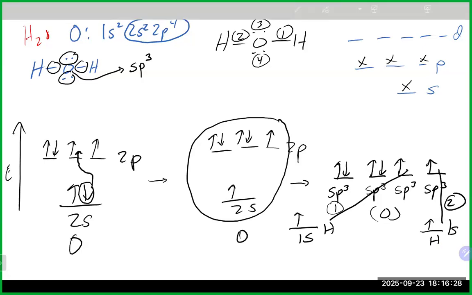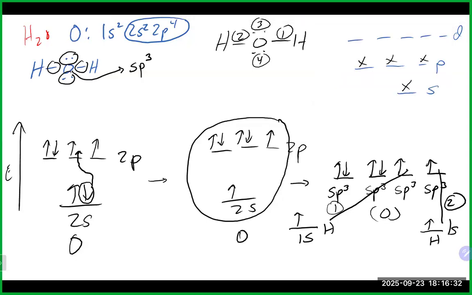And now what we are left with are our lone pairs, and we can account for each of those lone pairs. Right here, number 3, we could call that number 3's lone pairs, right? And right there, number 4's lone pairs as well. So once again here, our hybridization accounts for both non-bonding electrons and also bonding electrons within a molecule.